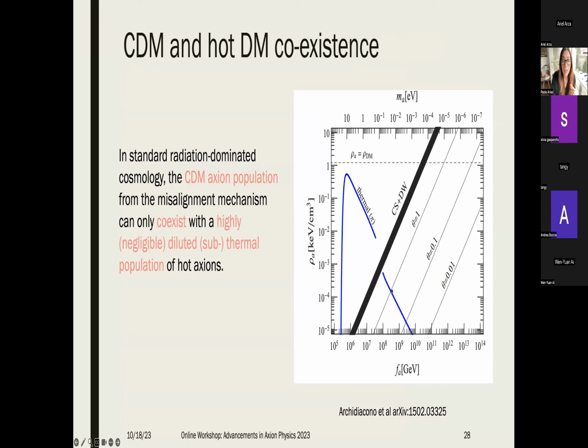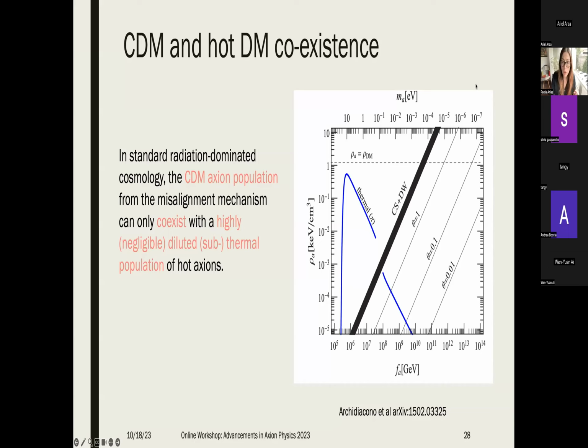But this doesn't need to be the case for non-standard cosmologies. I showed you that for the misalignment production, if you consider these stiff-like cosmologies, you can actually explain the axion dark matter in a higher mass range than in standard cosmology.